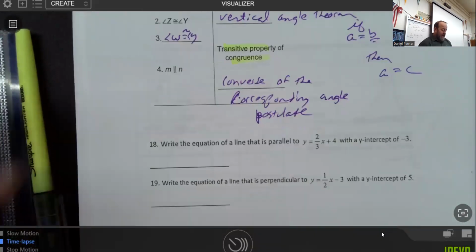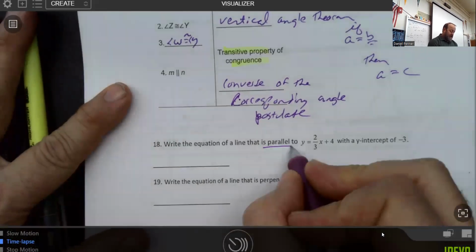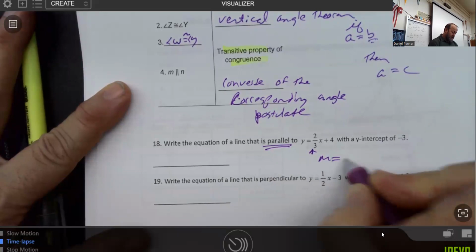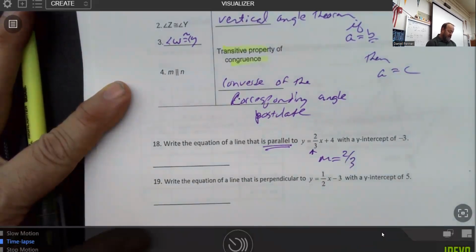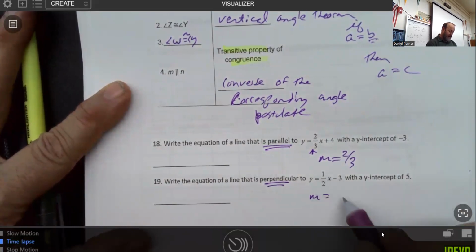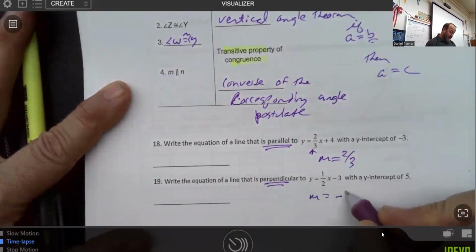Now that gets us to the last little piece, which is that parallel lines have to have exactly the same slope. So I want a slope of 2/3, whereas here, if we want perpendicular, we want a slope that is opposite and reciprocal. So the opposite of positive 1/2 is negative 1/2, and the reciprocal is 2/1.